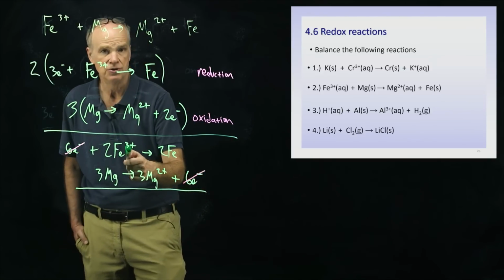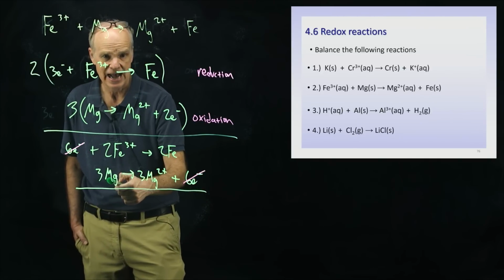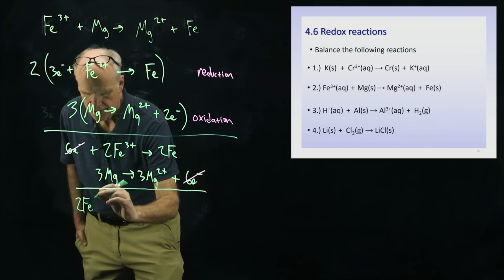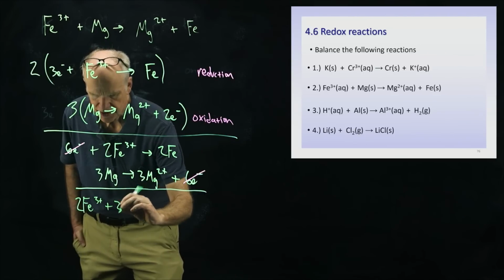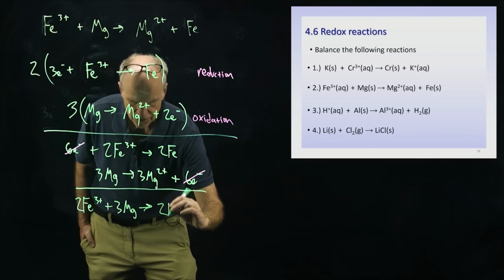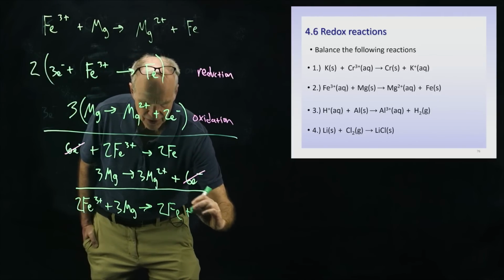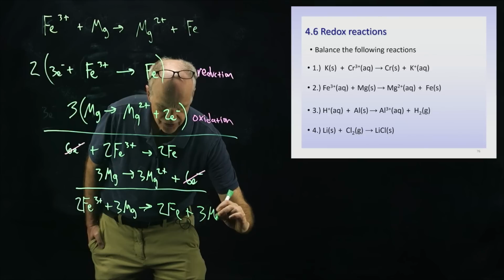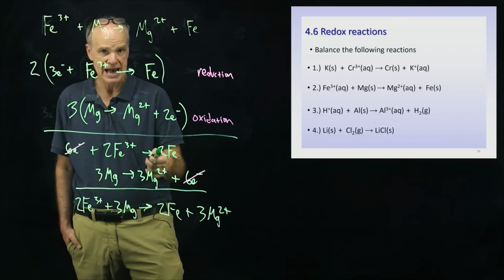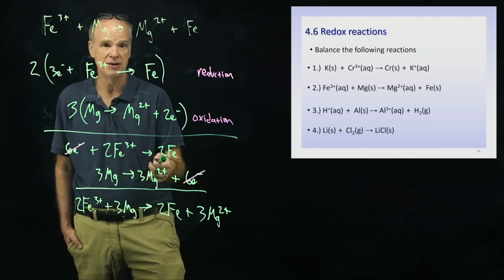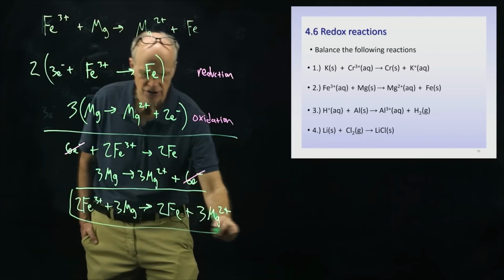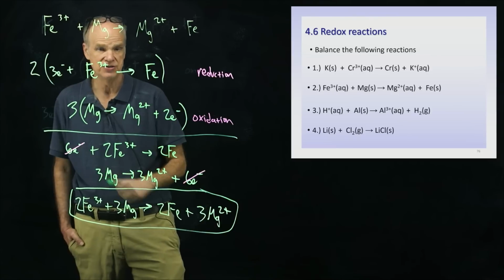And then what we can do is add up the reactants and the products. And so let me do that. So I have 2 iron 3 plus, 3 magnesium gives you 2 iron plus 3 magnesium 2 plus. And since you have balanced the atoms for each element and you balance the number of electrons passed between the oxidation and reduction reaction, this reaction here should be a balanced redox equation, okay?